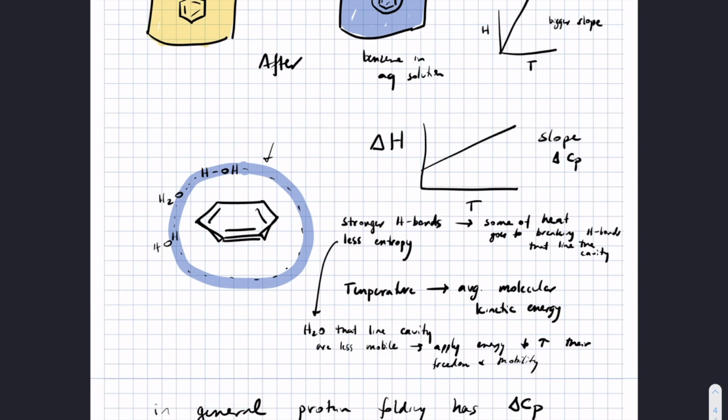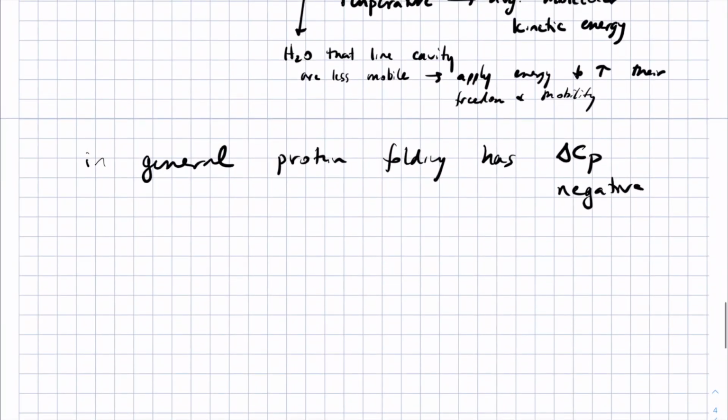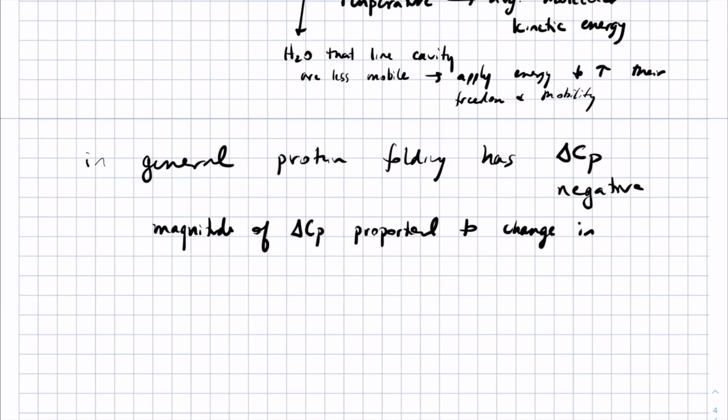So protein folding generally has a negative heat capacity, and in a lot of cases, the magnitude of that change in heat capacity is proportional to the change in exposed nonpolar surface area.